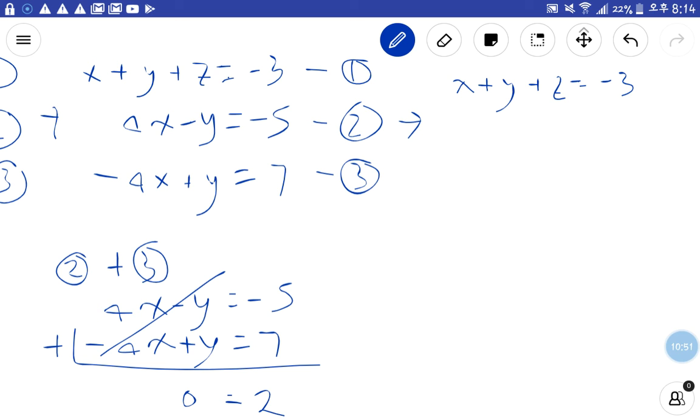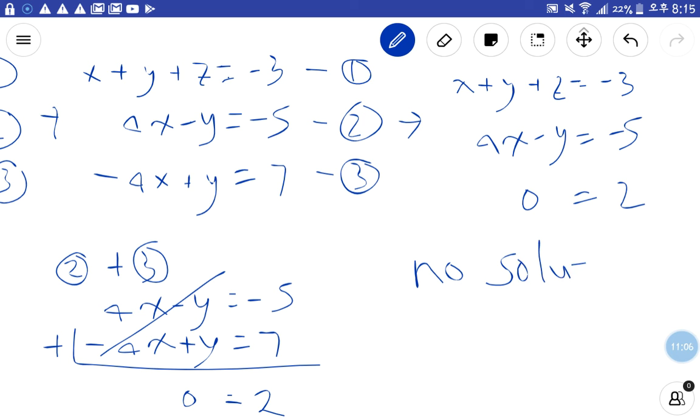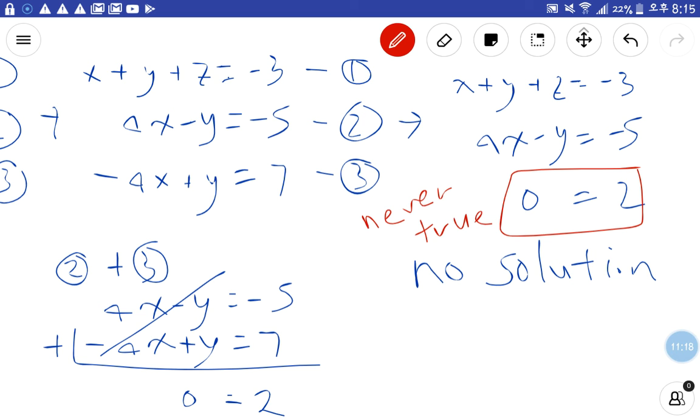Keep everything, and 4x minus y equals negative 5. Once I see that 0 equals 2, which is not true, this system has no solution. Because 0 equals 2 is never true, you can conclude that this system has no solution.